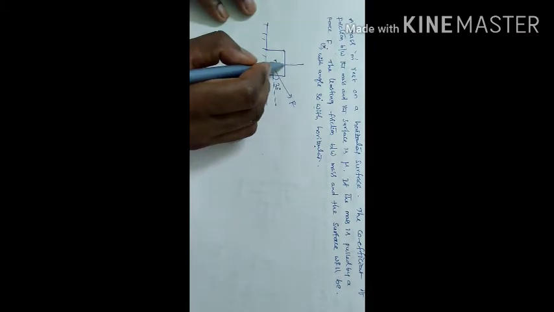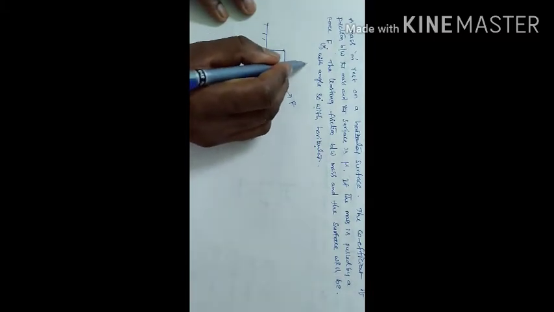So now what are the forces acting initially on this body? The weight of the body acts in the downward direction, and the normal force acts vertically upward. This normal force is balanced by the weight of the body.